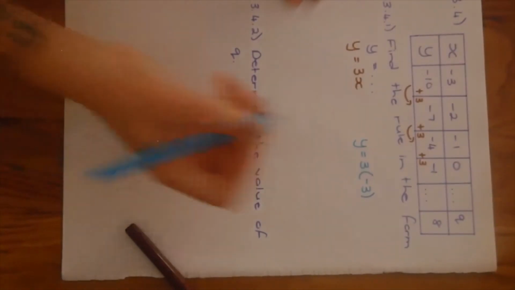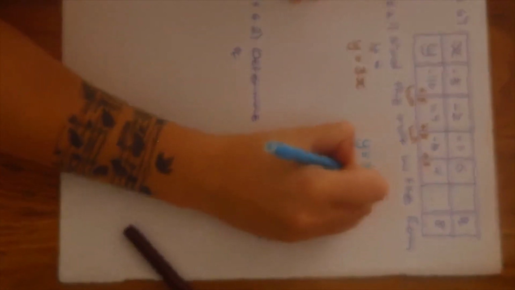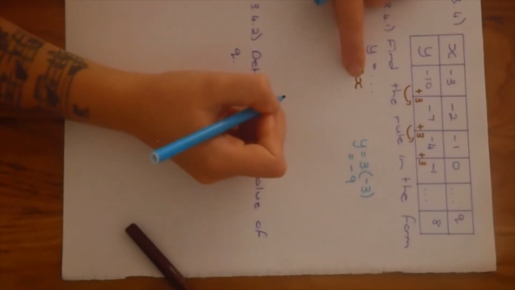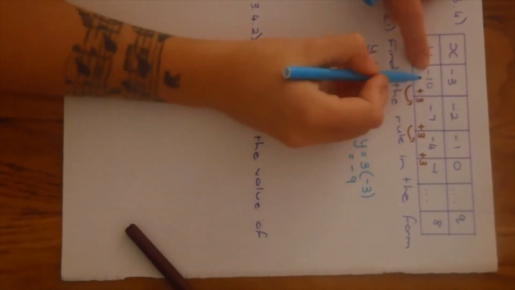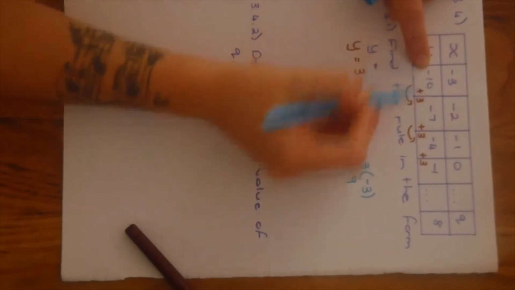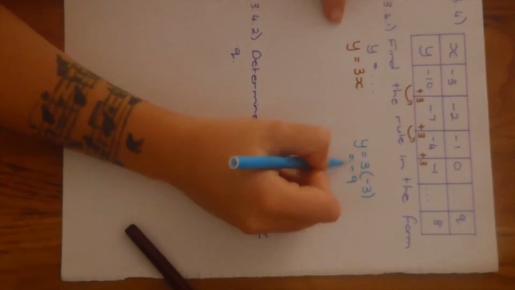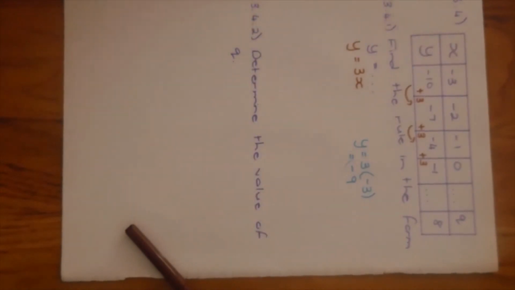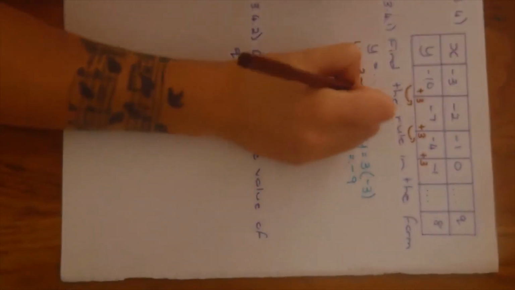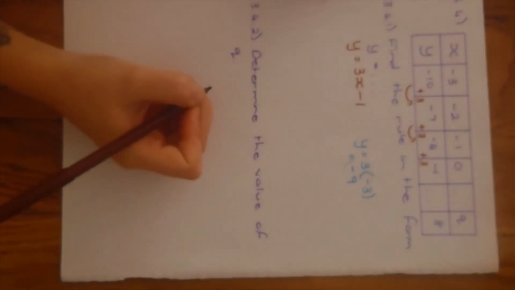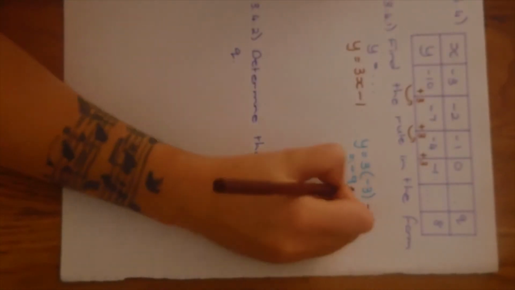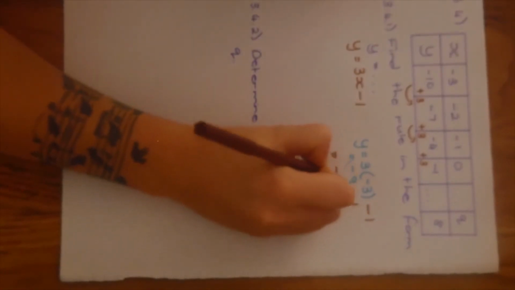This equals negative 9. But when I put in that negative 3, I'm supposed to get negative 10. So what would I need to do to negative 9 to get to negative 10? I would have to subtract 1. So if I subtract 1, that would be my formula. Because 3 times negative 3 is negative 9, and if I subtract 1, then I'm going to get negative 10.